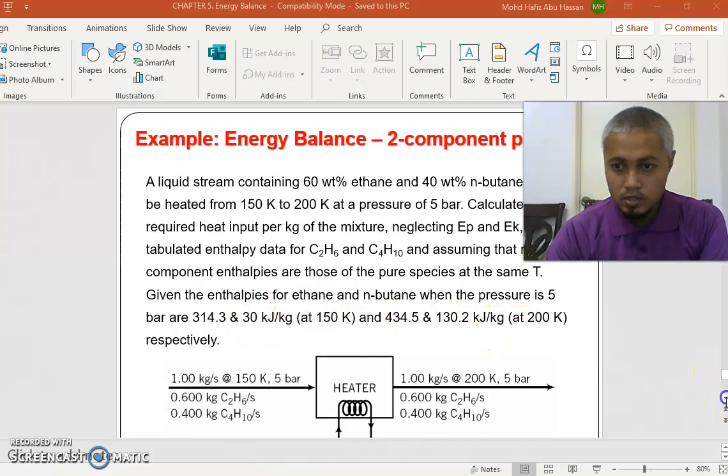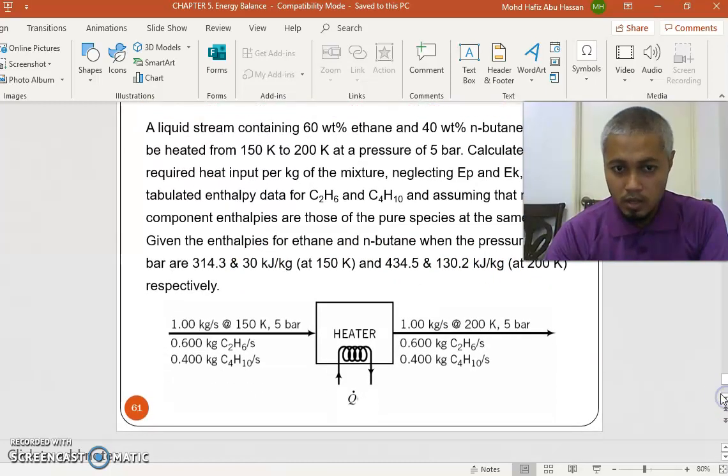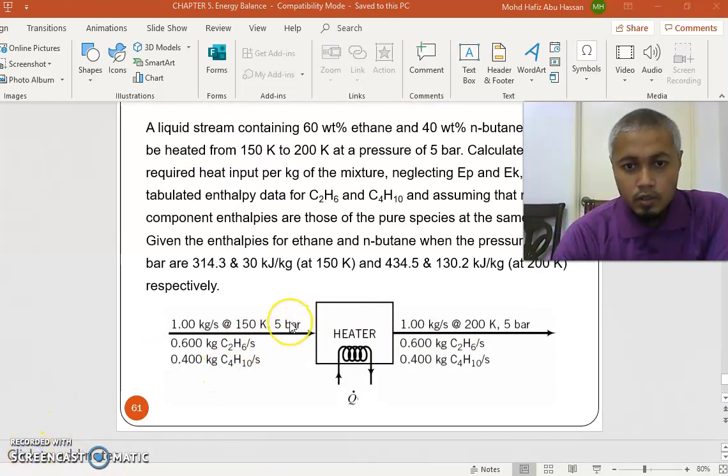So we just draw a flow chart. Okay, this is the inlet and this is the outlet. And why do we call this a two-component system? Because we have two components, which are ethane and n-butane. Previously we had water only, but the water had different states, which are liquid and also vapor, but still one component.